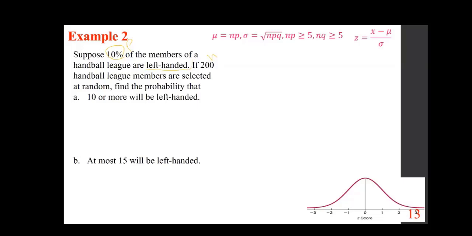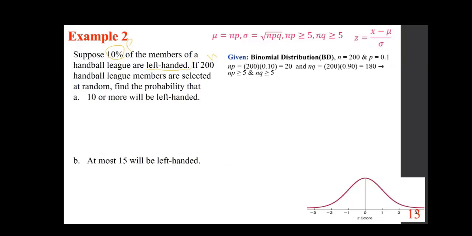We have to check the NP and NQ, the product of N and P, N and Q, to see whether we can use it or not. So first and foremost, this is given. We are dealing with the binomial distribution. N is 200, P is 0.1. NP is 20, and NQ is definitely larger because Q is larger. And again, Q is 1 minus P, or 1 minus 0.1, or 0.9.